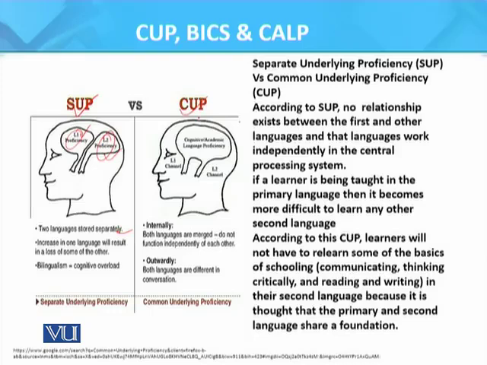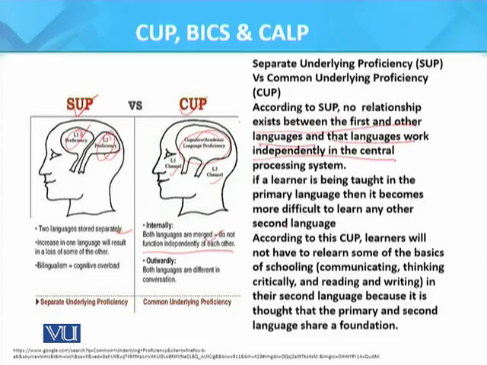But in common underlying proficiency, you will see that both languages are merged and do not function independently of each other. This area is the common underlying proficiency area, which facilitates the first language as well as the second language because they function interdependently. According to separate underlying proficiency, no relationship exists between the first and other language, and languages work independently in the central processing.